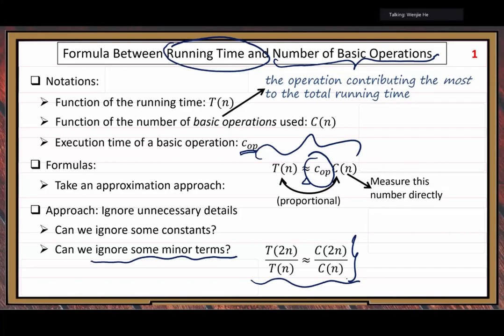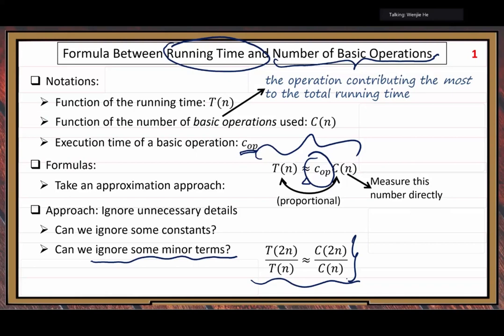You double the size, your function should be larger, right? Remember, the c function represents a counting number, the number of basic operations. When you work on larger problem sizes, your counting number should naturally be larger.